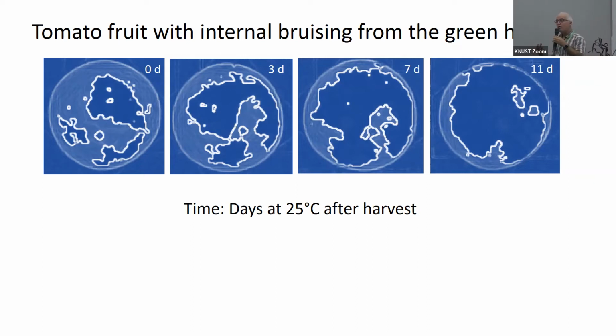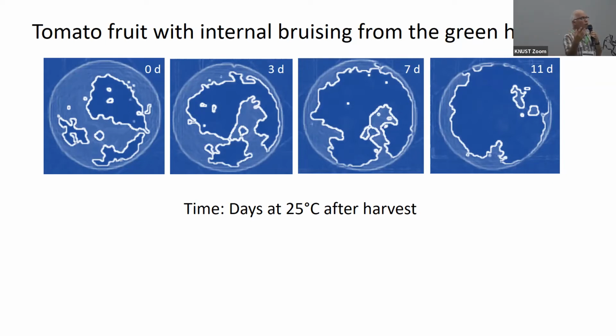And some of those tomatoes, like most of the tomatoes, you don't see anything at time 0. But some of the tomatoes, you see those spots that you can see here, and they are naturally bruised from the greenhouse.